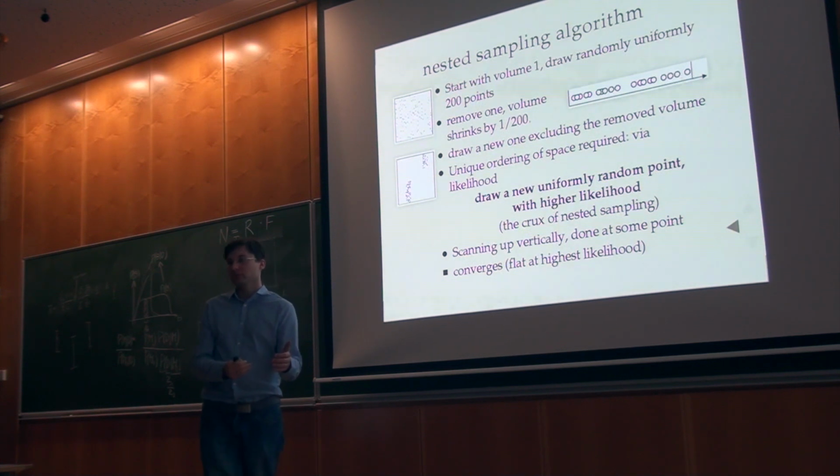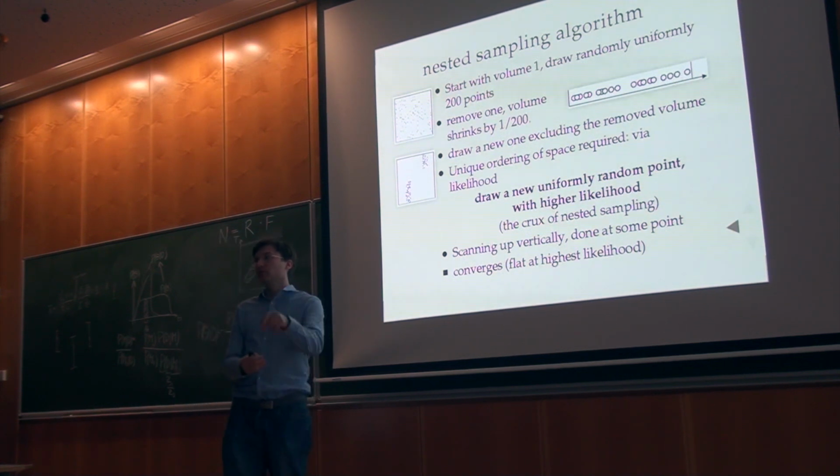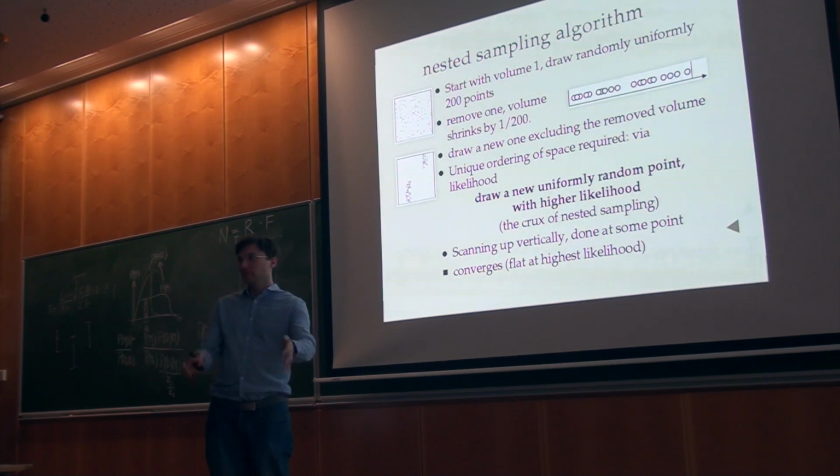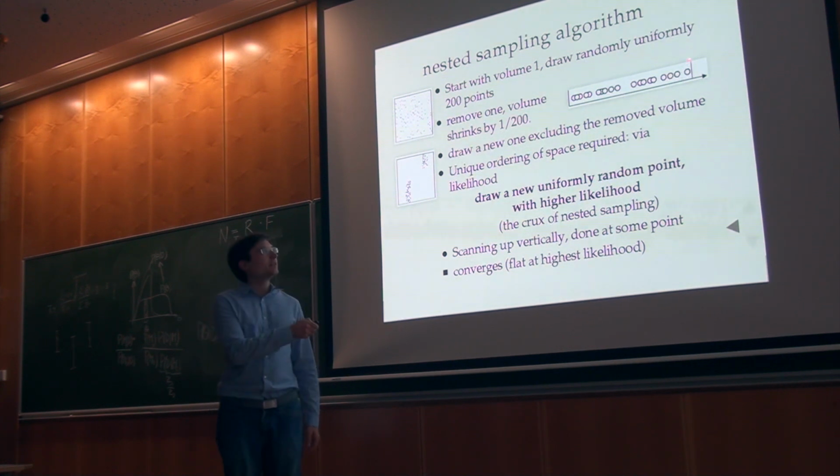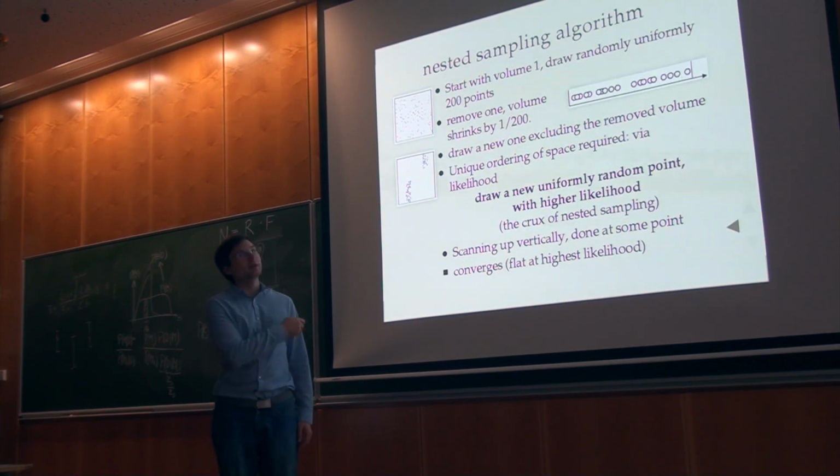And now because you don't want to run out of points, you throw in a new point, again, according to your parameter volume. You throw in a new point under the condition that it's a better fit than that one. It has to be uniformly again in that space, but if it's a worse fit, you try again.